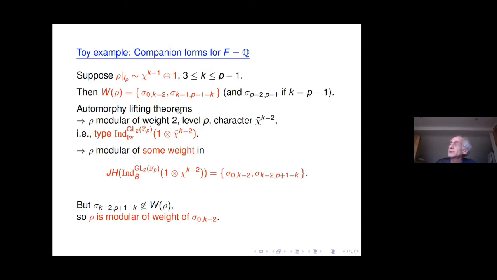So in general, the proof is much more involved because you need, first of all, more general automorphy lifting theorems. It's not enough just to know the list of types with respect to which rho is modular of weight 2.